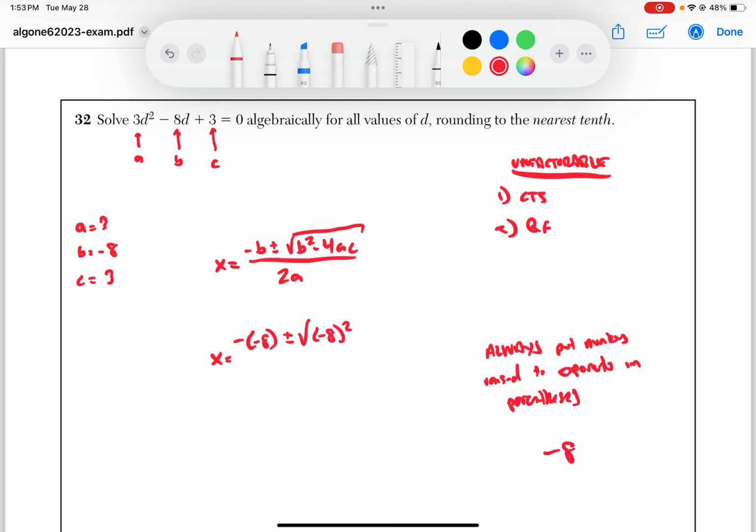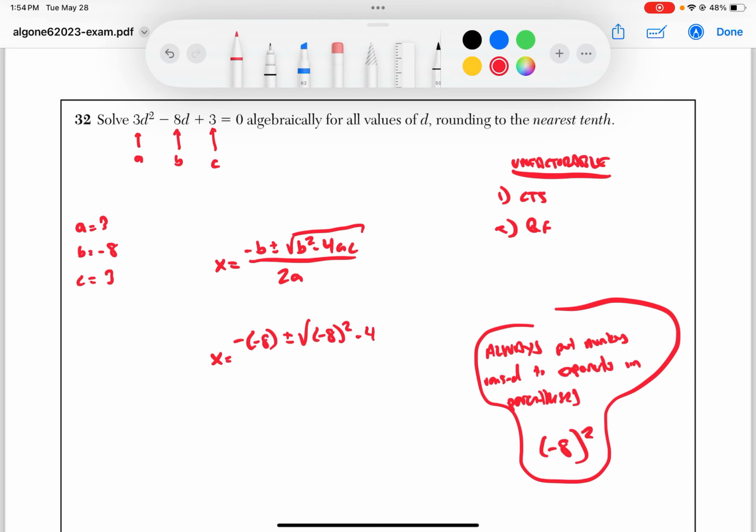Do not write negative 8 squared on the calculator. You write negative 8 squared with parentheses. Okay? So that gets its own little aside. Minus 4 times A, which is 3, times C, which is also 3. All over 2 times 3.